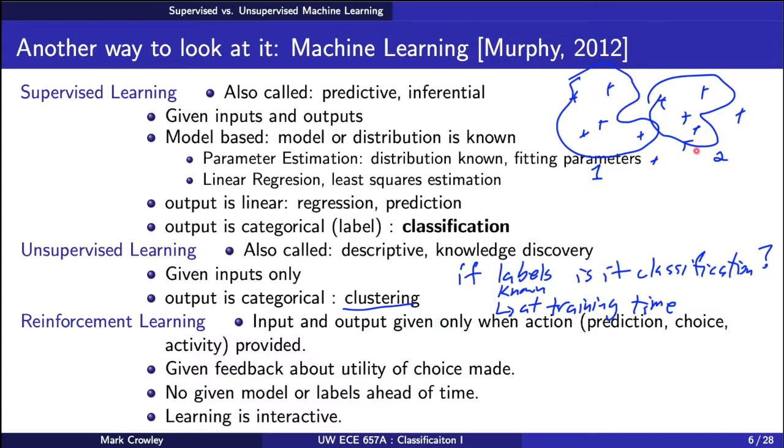When you don't know the labels, right? So even the modeler doesn't know what these are. Then it's clustering really, because then you're just making really subjective judgments, saying these data points are together and these ones are not. And you have to justify why some labels are correct or not.